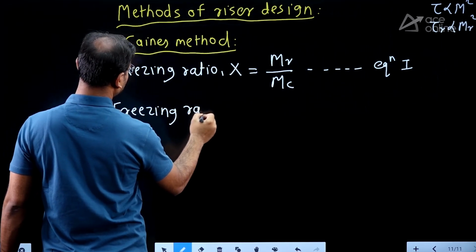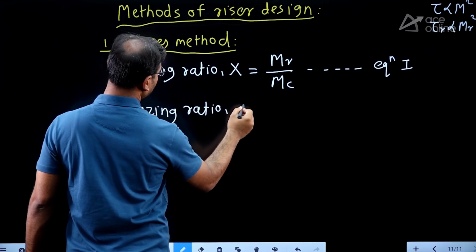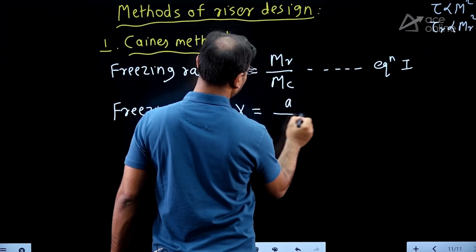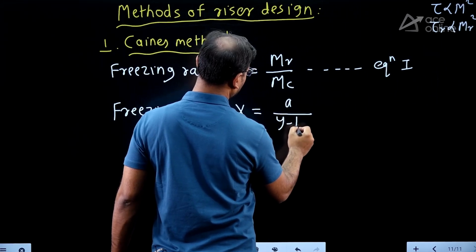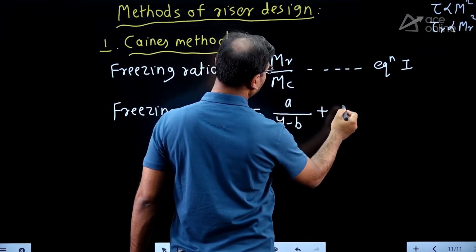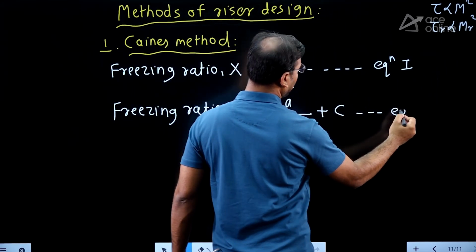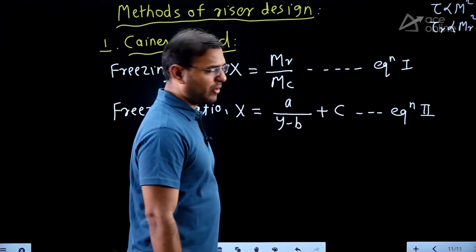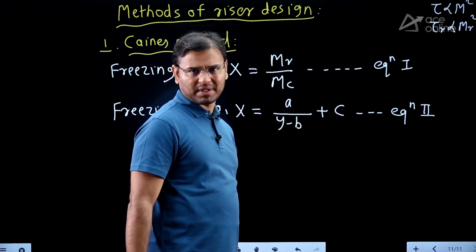The next, again we have the second formula for the freezing ratio, that is x is equal to a divided by y minus b, plus c, equation 2. Now here there is a big question whether to use minus or plus.